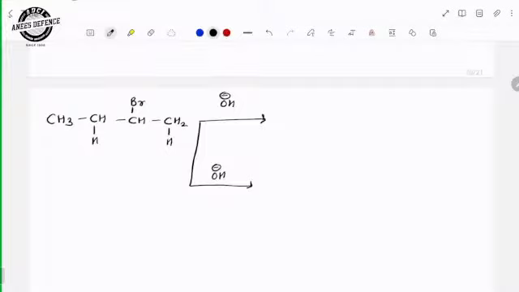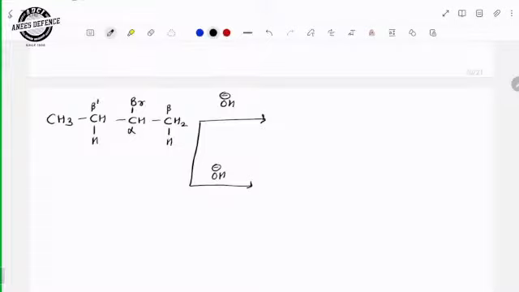The carbon directly bonded to the bromine will be my alpha carbon, and the carbon directly bonded to the alpha carbon will be my beta carbon. Here you can see there are two beta carbons, one is this part and the other is this part. So this is one beta, and let us name this one beta prime.